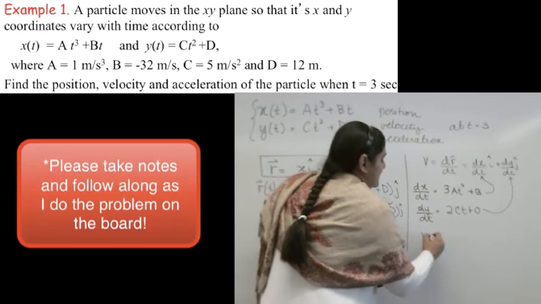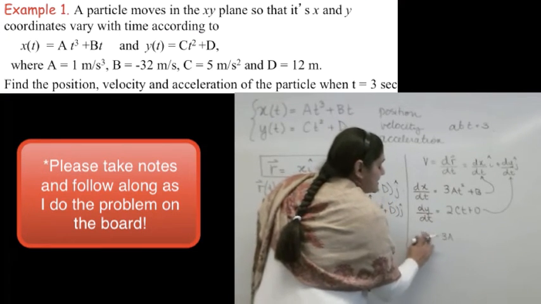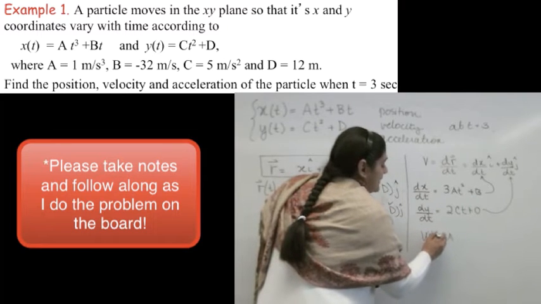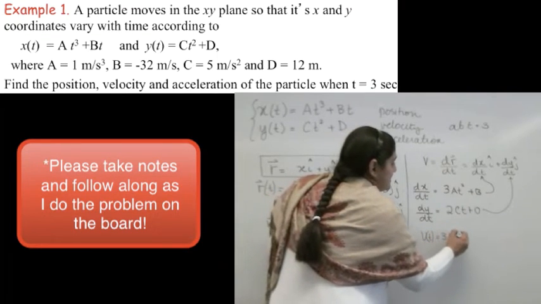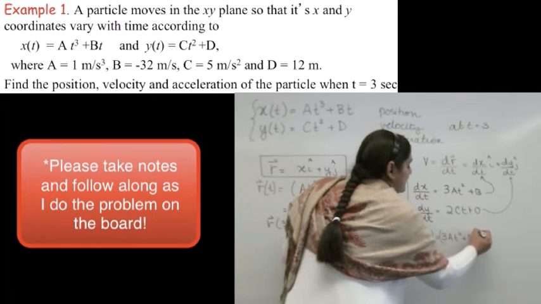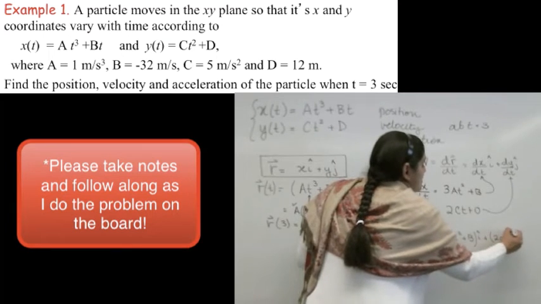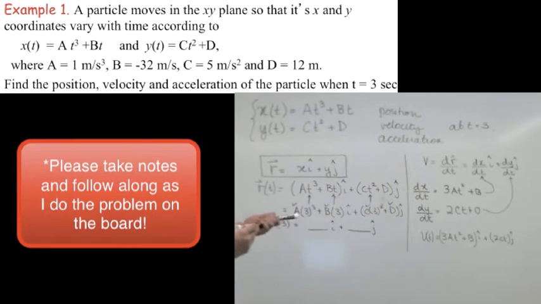So my velocity is going to be (3at squared plus b) i plus 2ct j. Note, this velocity is a function of time.